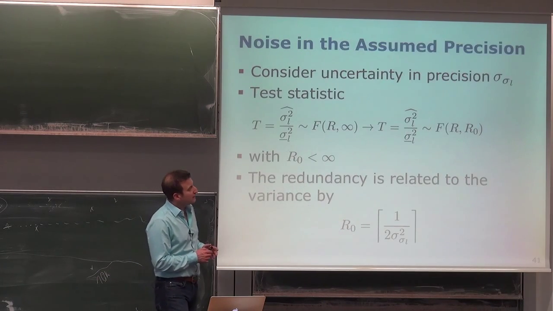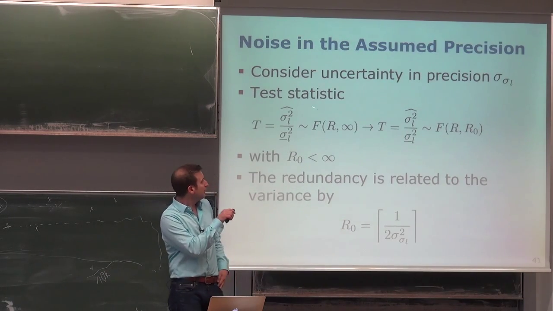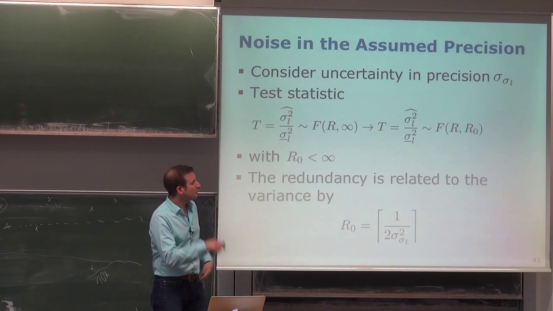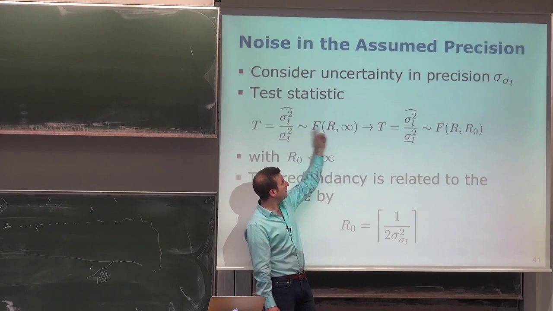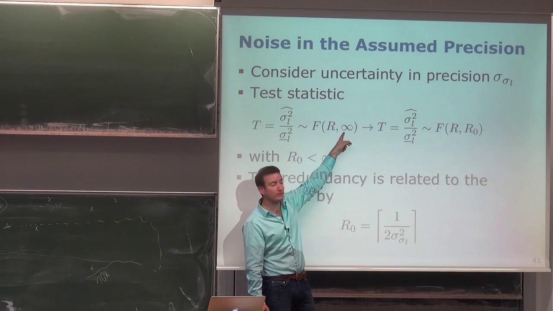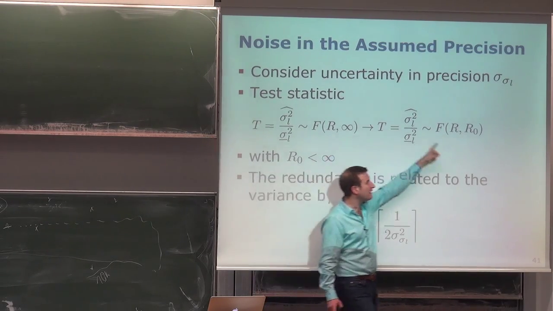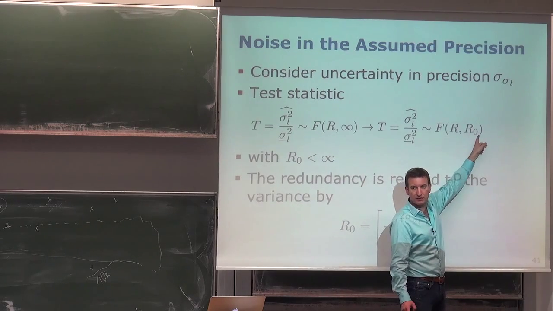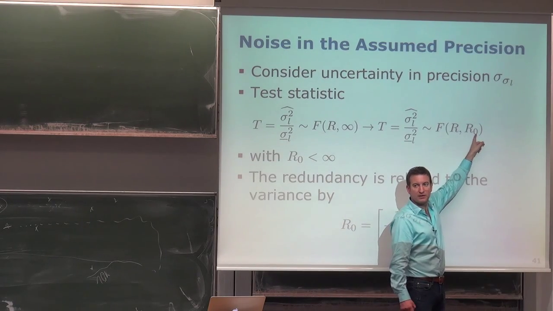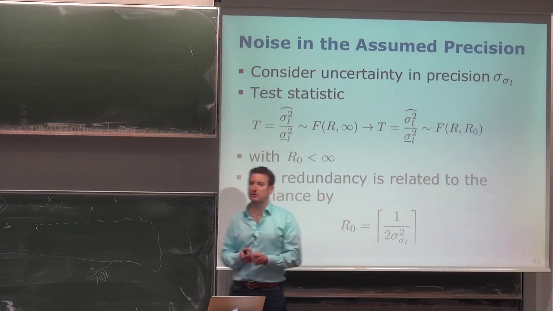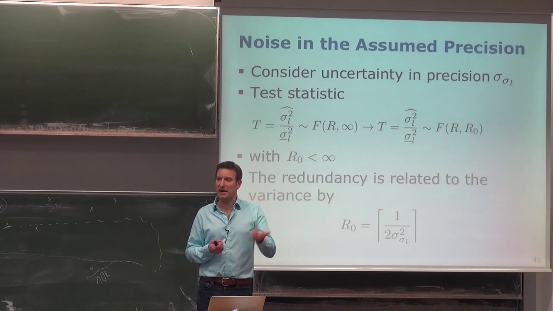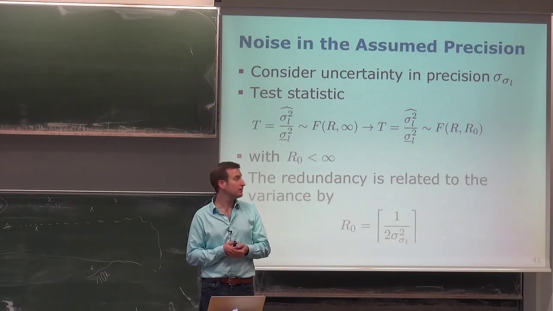So I can still use the same test, so I still use the F-test, but instead of saying I know this random variable or the uncertainty of this random variable perfectly, I will say I need to take a smaller value in here that allows me to encode an uncertainty that I have about how accurately I can actually measure my points.